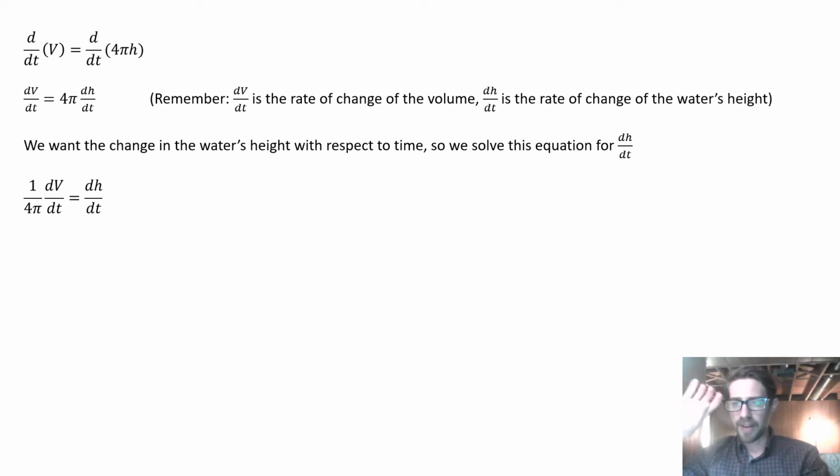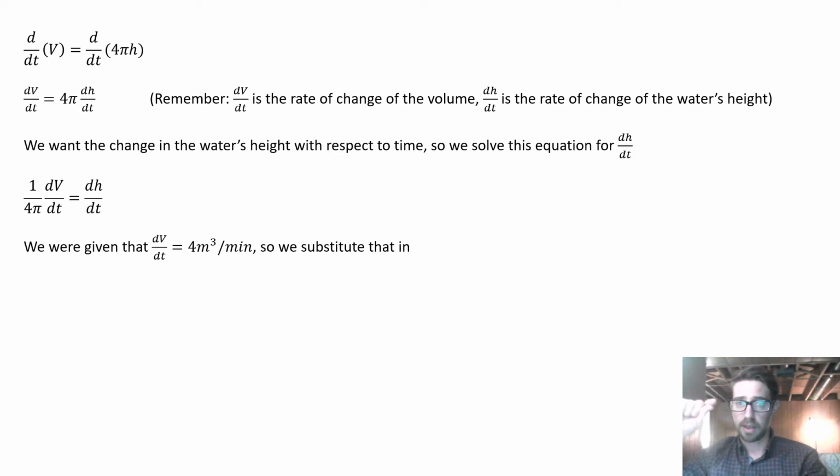And now the very last step in these is to sub in the thing we know. If you look at the setup of the problem again, we were told the radius of the tank, and we were only told one other thing. We were told how fast the water was coming in. That's what dv dt is. We were given that the change in the volume of the water with respect to time was 4 cubic meters per minute.